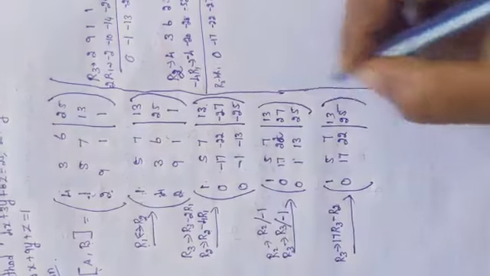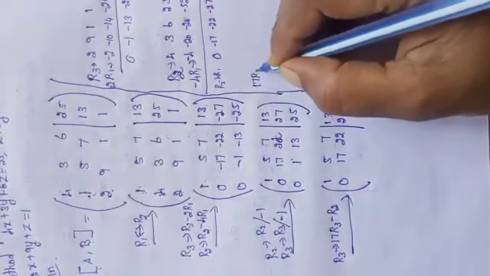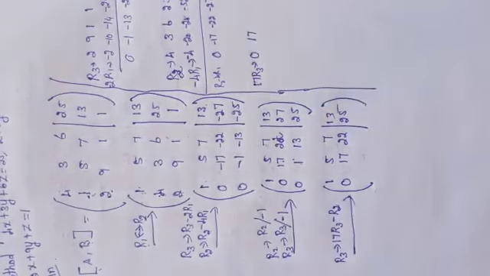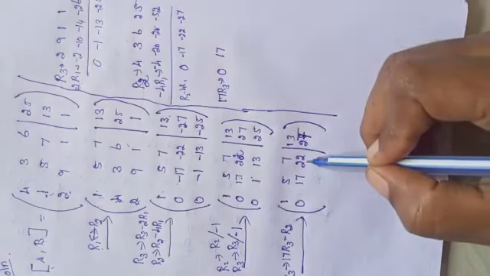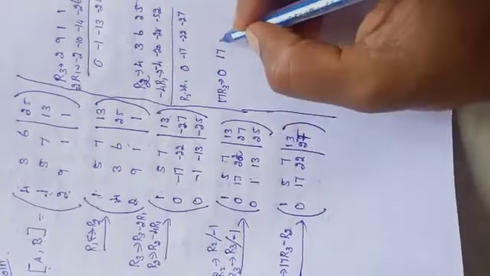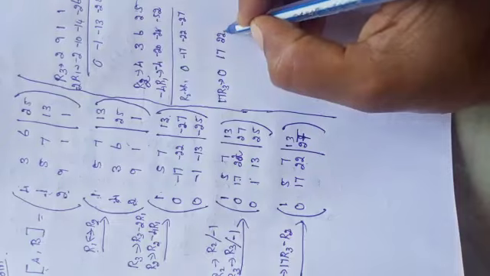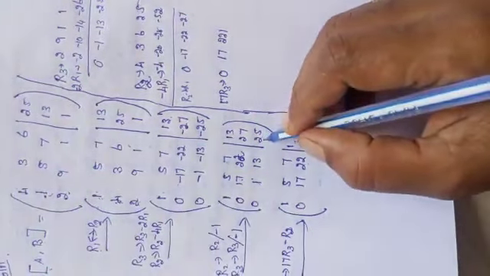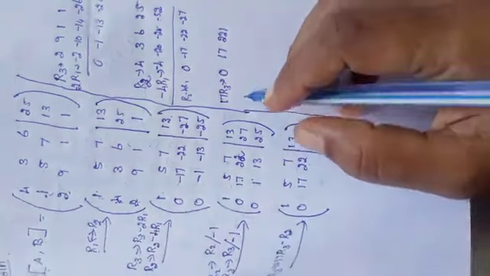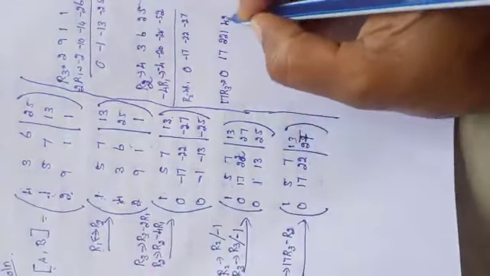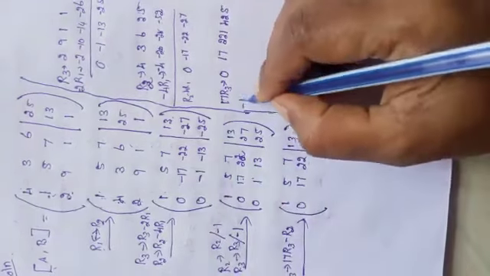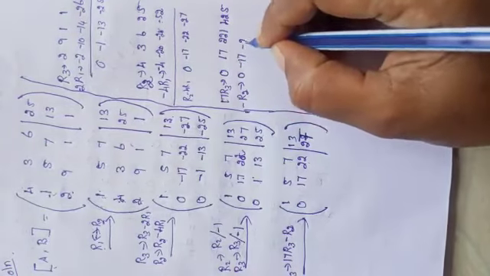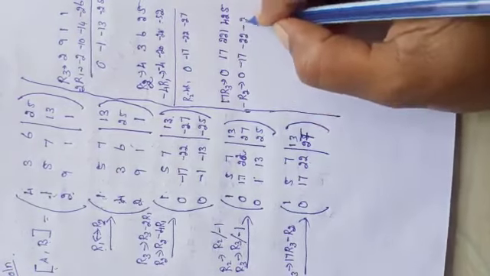But third row, that is 17 into R3. Multiply. 0 into 17 is 0. 1 into 17 is 17. 13 into 17, that is 221. Then 25 into 17 is 425. Now you can write minus R2. 0, minus 17, minus 22, minus 27.